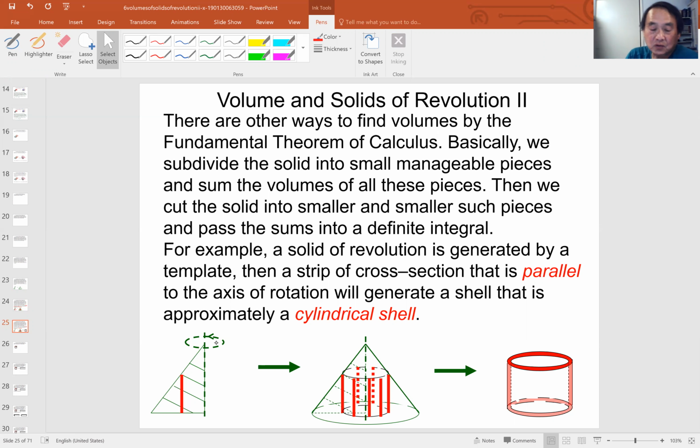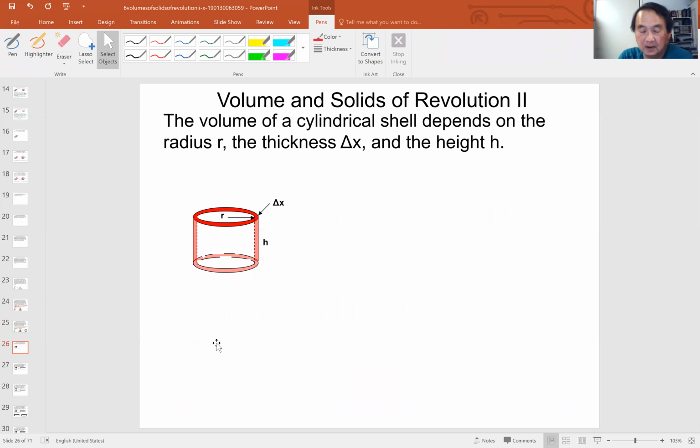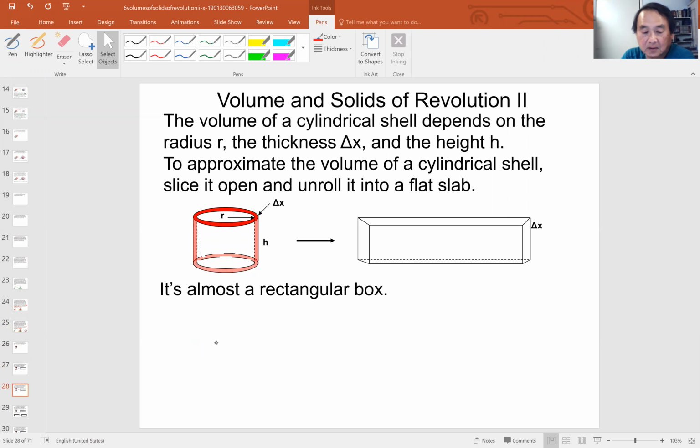Okay, and let's assume that we're going to rotate around the vertical axis. That means it forms these cylinders, and each cylinder has a delta x thickness, because the line itself, let's say, is delta x thick.